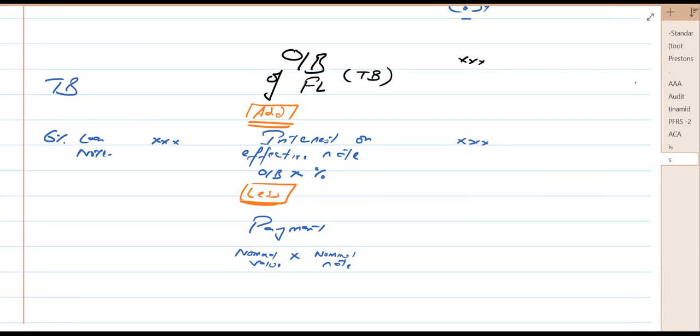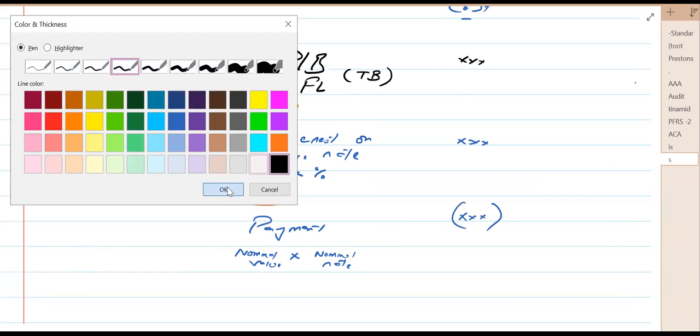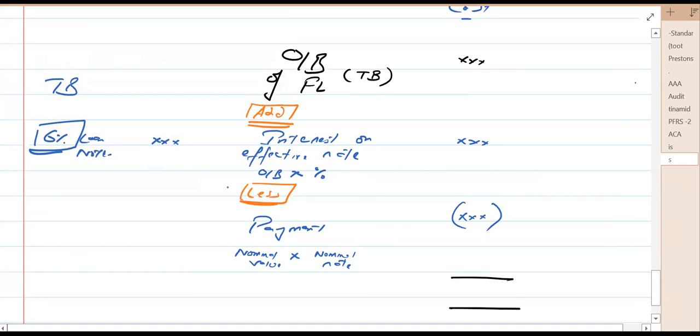So this 6% is actually the nominal rate. So you take the nominal value into nominal rate, and then you get the payment. You deduct it. Then you get the closing balance of financial liability.